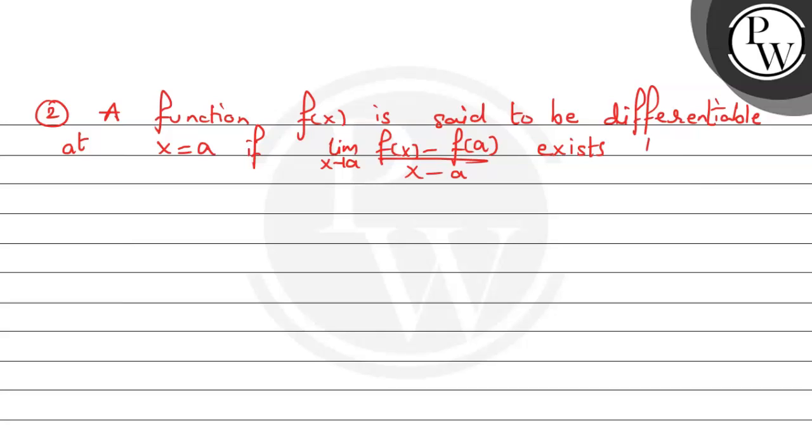And if this exists, then the derivative of f at a is equal to the value of this limit. With the help of these two key concepts, let's now start our solution.